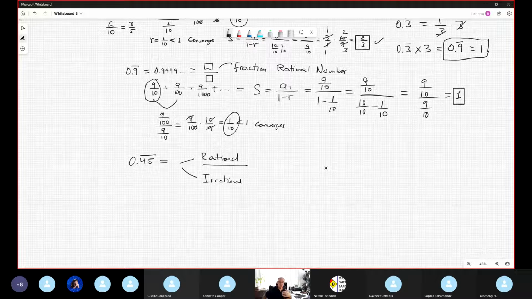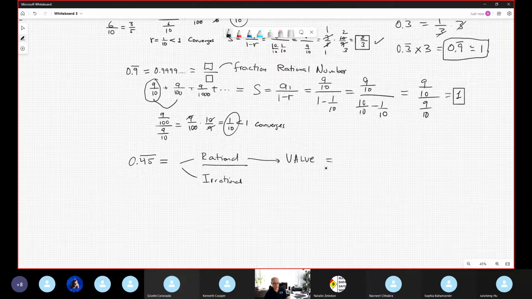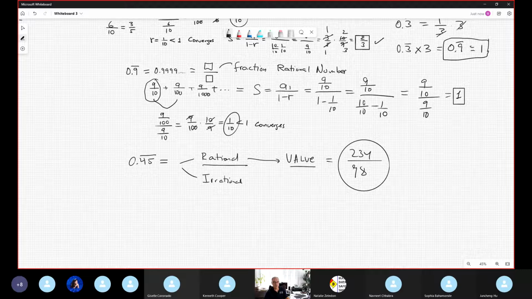When you have a repetition, it implies one specific pattern: 6, 6, 6, or 3, 3, 3, or 9, 9, 9, or 45, 45, 45, or 23, 23, 23. This is rational. If it's completely crazy, with no pattern, it's irrational. So the answer is yes, it's rational, but what is the value of this fraction? I don't know, 98 divided by 234? I need to investigate this number. This is extra credit, 5 points extra for test number 4.